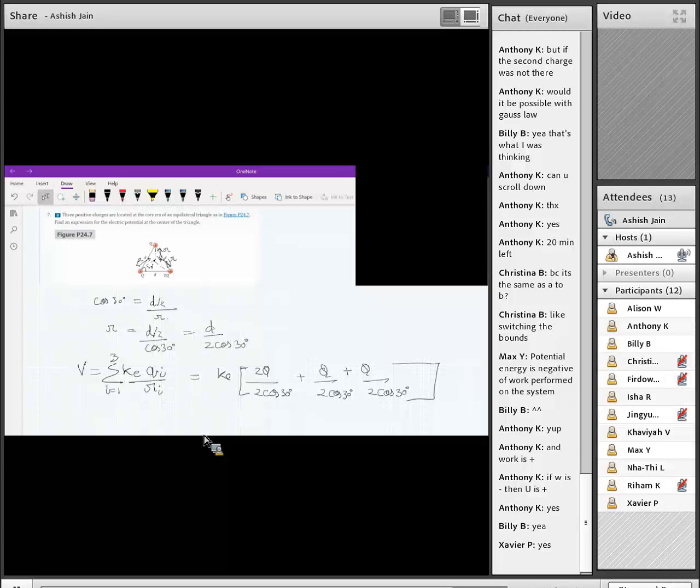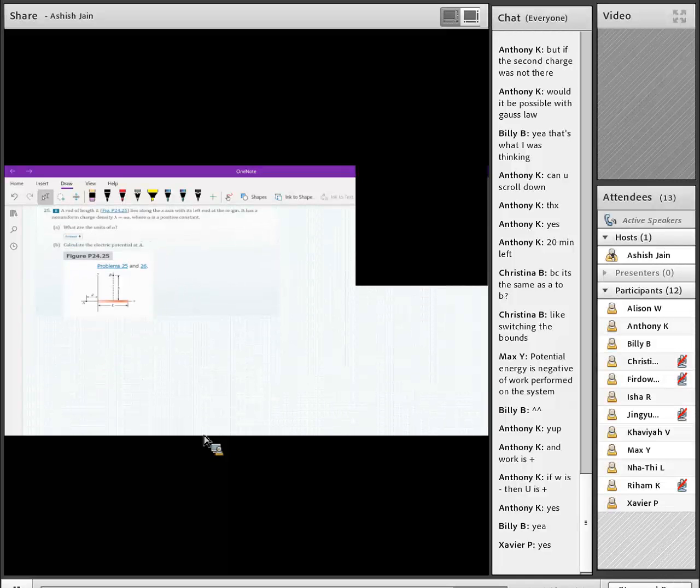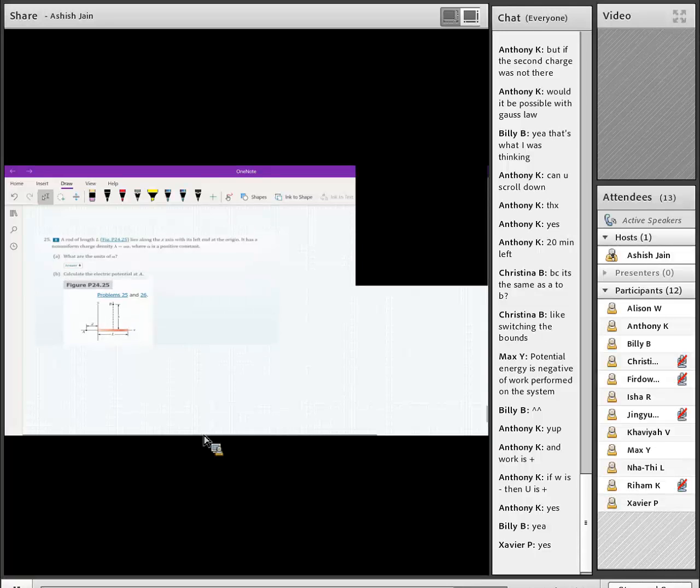Okay, I assume you guys agree. Then moving on to the next question. Again, our favorite rod is back. We love rods, right? So a rod of length L lies along the x-axis with its left end at the origin. It has a non-uniform charge density lambda.